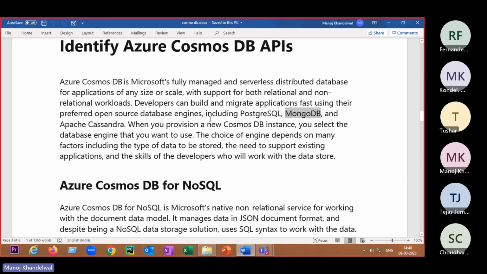So we have seen only Microsoft SQL, right? But we have so many database systems in the market. So we can just migrate all these applications to the cloud. The idea is most of the applications are working on premises, but Cosmos DB really helps you to migrate them to cloud.